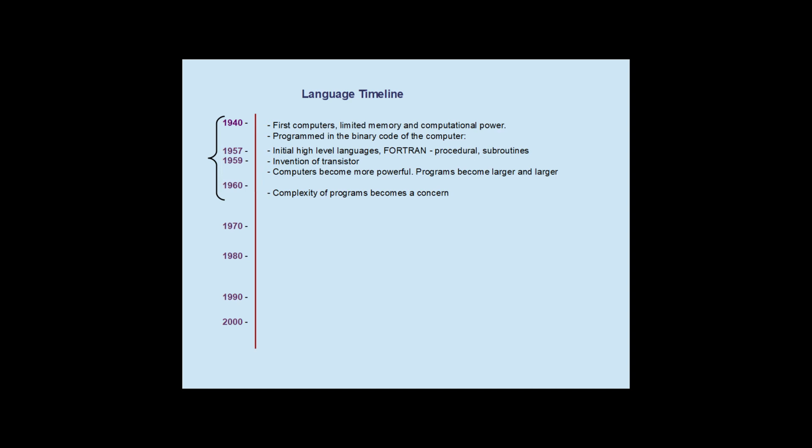With the invention of the transistor, computers became more powerful. Programs became larger and larger, and then in the 60s, complexity of the programs written for the computer became a concern.